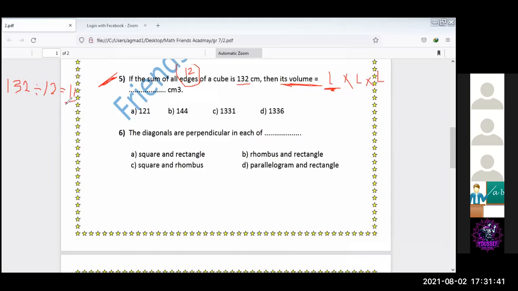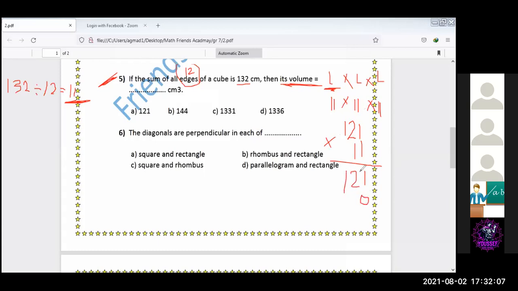Now I get the side length, or one edge, so it will be 11 times 11 times 11. Yes, 3 times. Now 11 times 11 gives you 121. Now you can multiply by another 11. It will be 1, 2, 1, and then we put the 0.